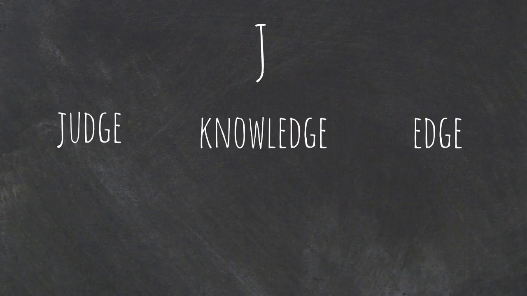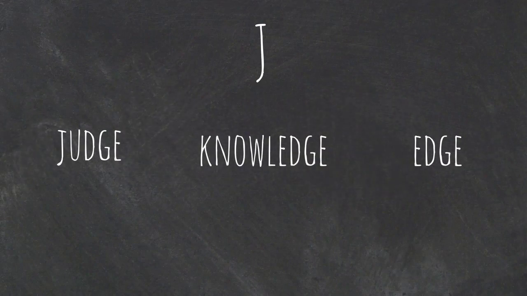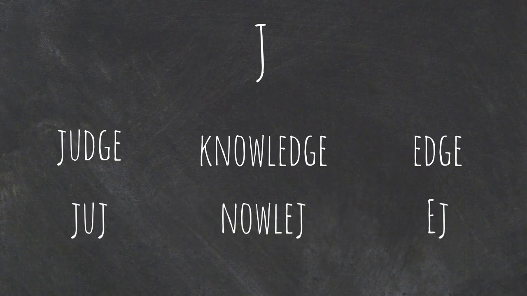So let's look at these 3 words: judge, knowledge, and edge. When we are writing these words as we hear them, the sounds that we hear in them, we end up with judge, knowledge, and edge.